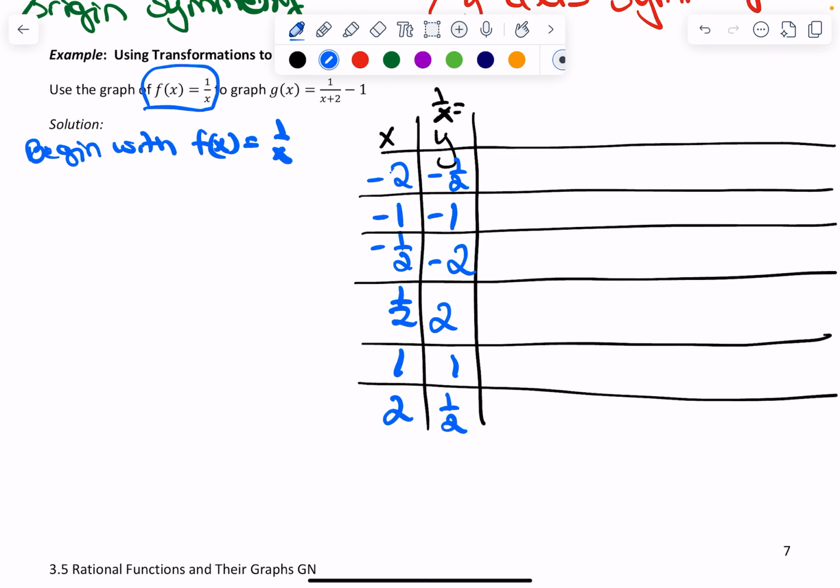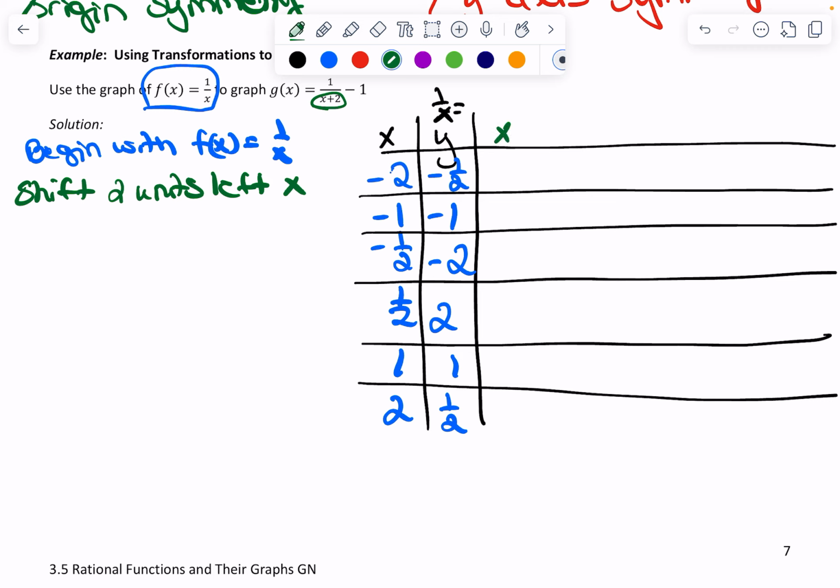Okay, the first thing we're going to do now is shift 2 units left, and we are shifting x. So x plus 2.